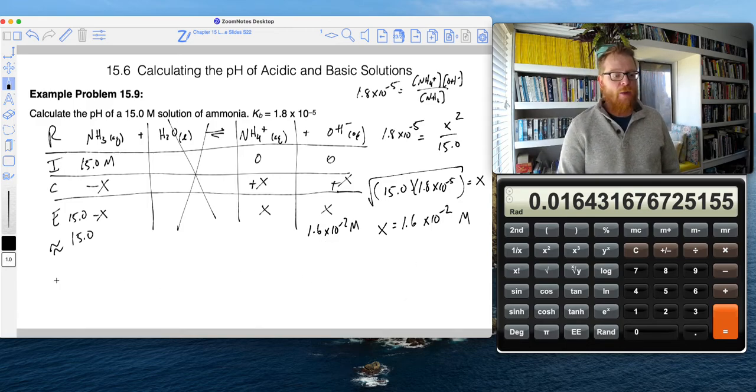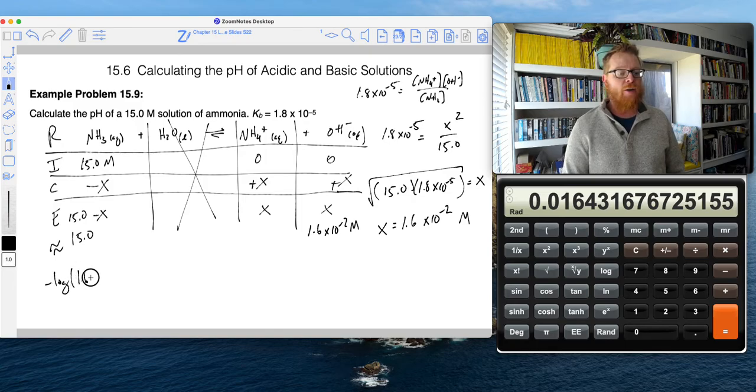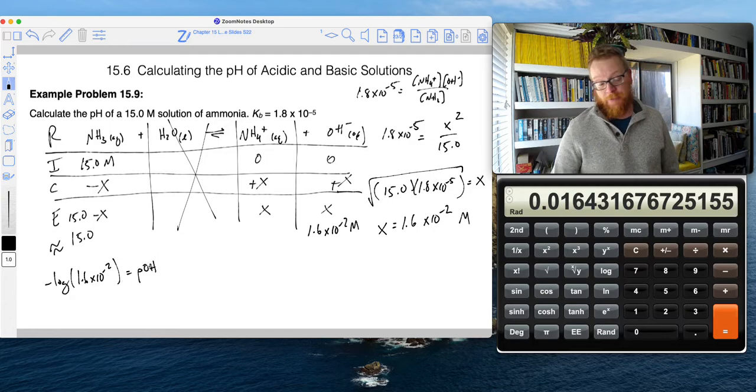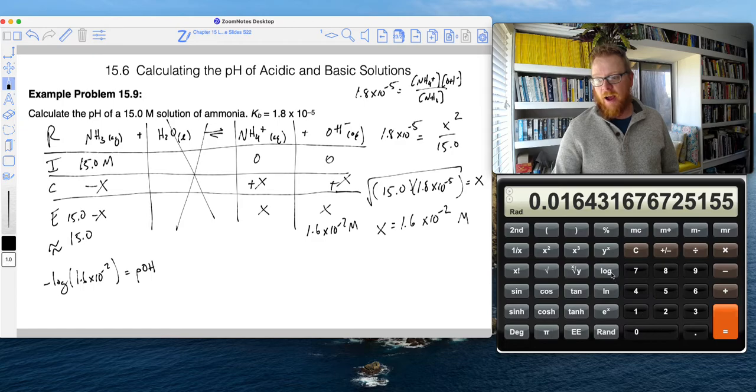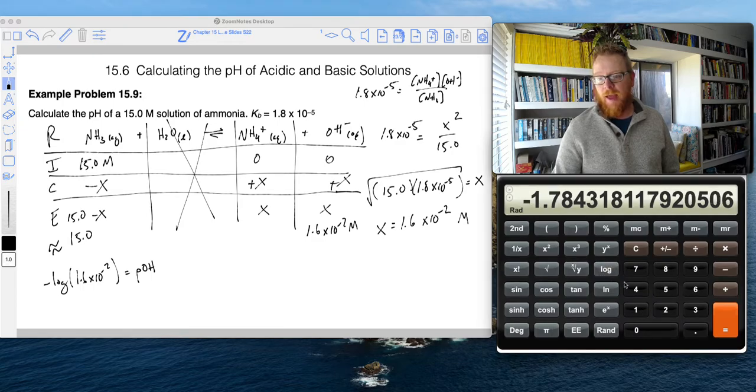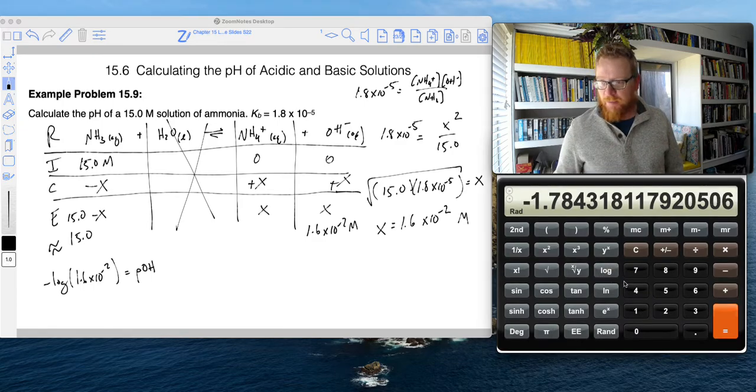And I remember now that if I take the negative log of that value, that's going to give me the pOH. Okay, so let's say log, and remember I multiply by the negative sign. So now my pOH equals 1.78.